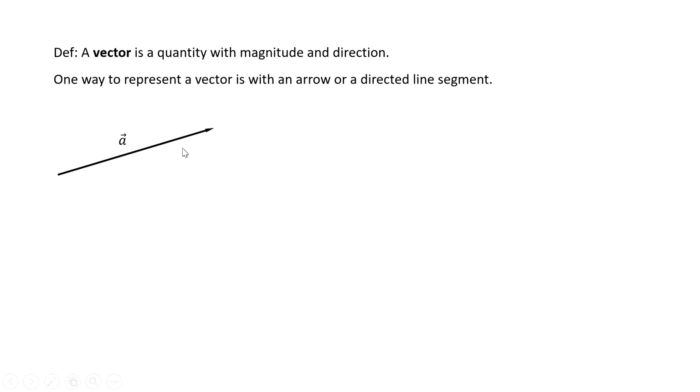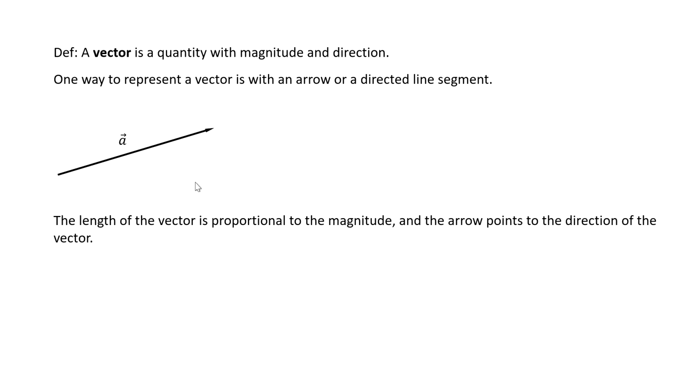Well, the arrow is pointing sort of northeast. So that means the direction of the vector is northeast. So the arrowhead indicates the direction of the vector. We know magnitude is the length and the direction is indicated by the arrow.